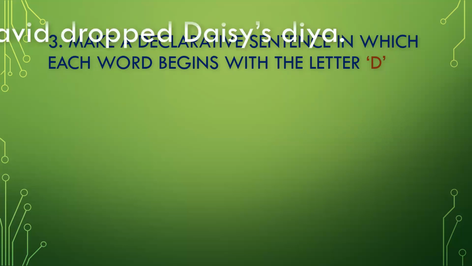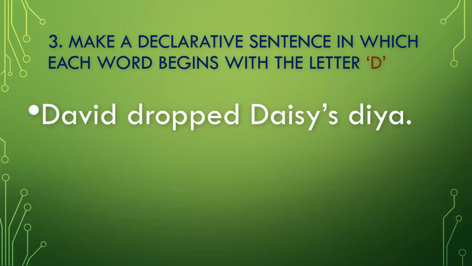Got it? Here's my answer. David dropped Daisy's diya. Each word begins with the letter D. And it is a declarative sentence or an assertive sentence. It makes a statement.